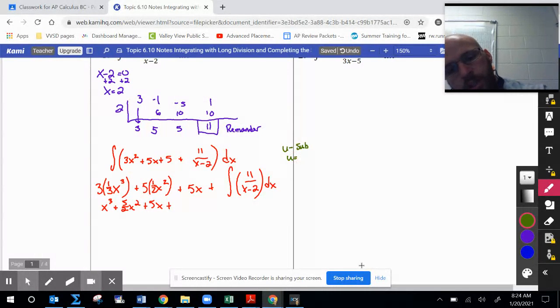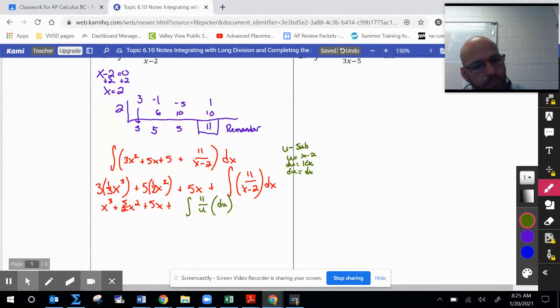So if I let u equal x minus 2, then du is 1 dx, or dx equals du, right? So I can do plus the integral of 11 over u times, and dx is equivalent to a du.